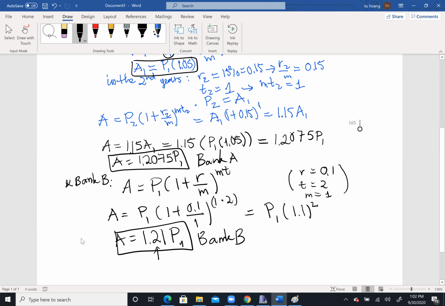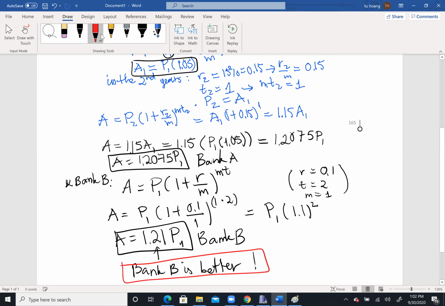So if you multiply with P1, it's going to have the higher amount after 2 years. So I can say bank B is better. And that's going to be the answer for this problem.